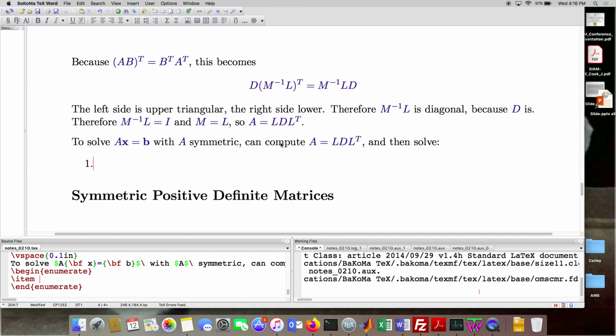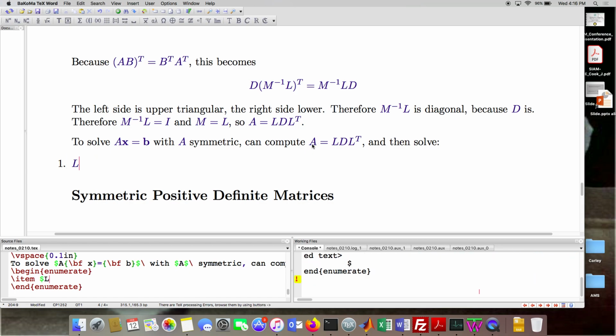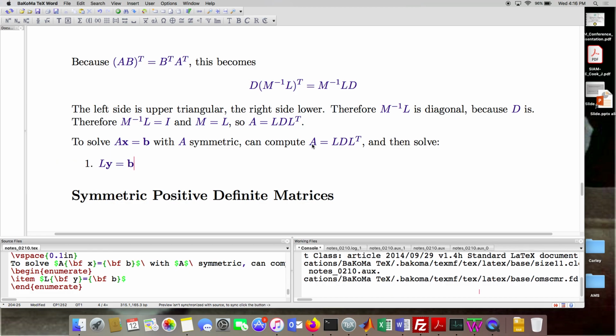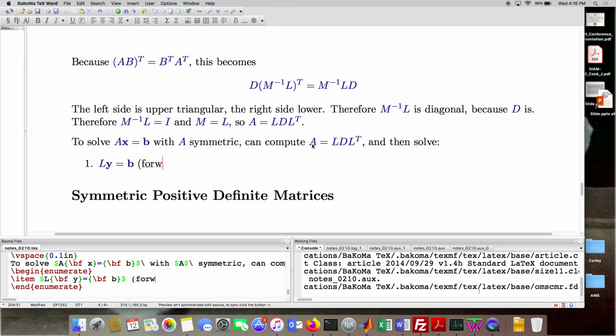So first, what you do is you solve Ly is equal to b. So that part is no different. In fact, this L is literally the L from the LU decomposition. It's exactly the same matrix. So that's forward substitution.